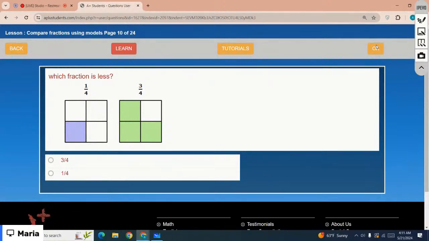Which fraction is less, 1 by 4, 3 by 4? The correct option is 1 by 4, which is less than 3 by 4.